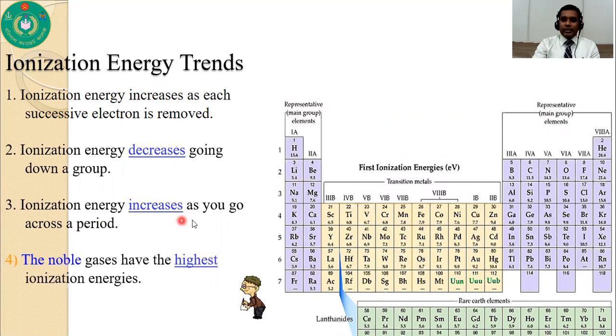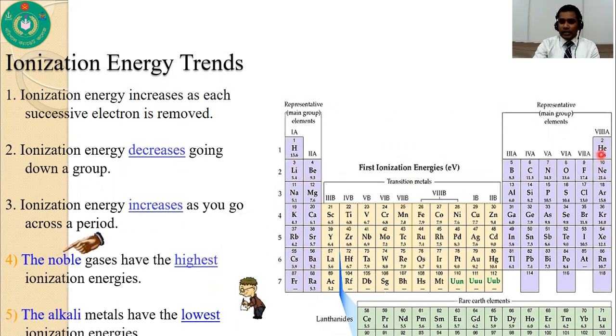Ionization energy increases as we go across a period. If we go across a period, ionization energy increases. And in case of noble gas, you can see that this is the noble gas, it has the highest ionization energy value. And in case of alkali, this is alkali, it has the lowest ionization energy.